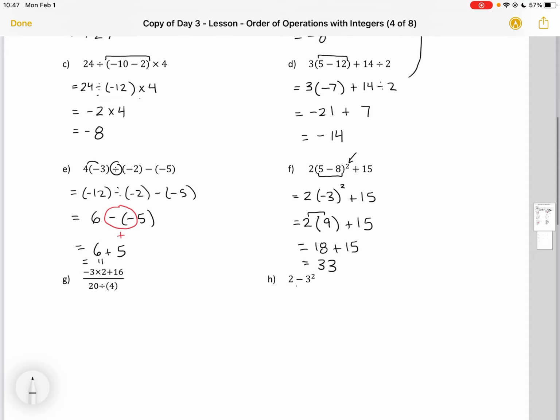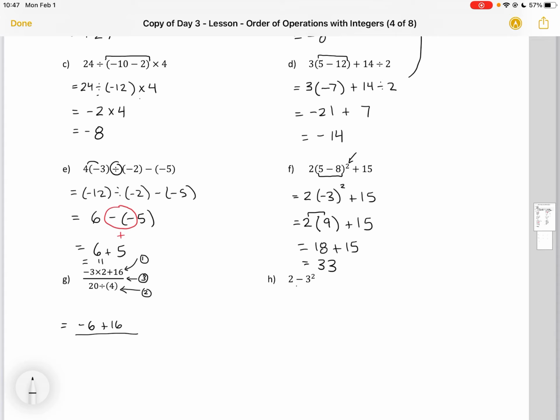Last two examples are extra exciting. This one has a fraction line, which does mean divide by, but in order to do this, you first have to evaluate what's on the top, evaluate what's on the bottom, and then bring everything together by dividing. So on the top, we've got minus 3 times 2, which is minus 6 plus 16.